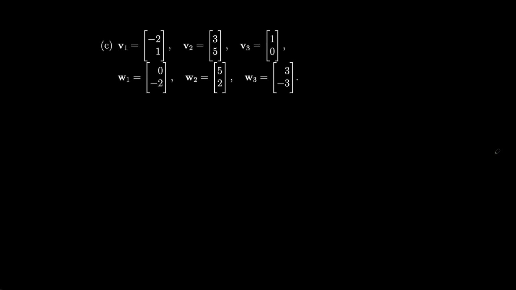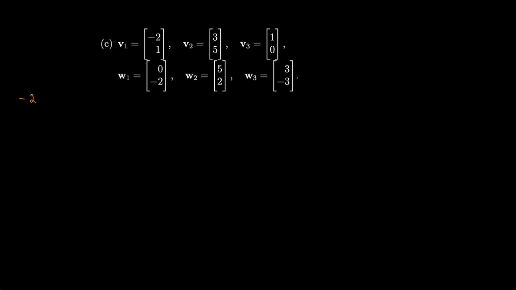Let's do another one. So we'll have this time the matrix minus 2, 1, 1, 3, 5, 1, 1, 0, 1 times M11, M12, B1 equal to 0, 5, 3.